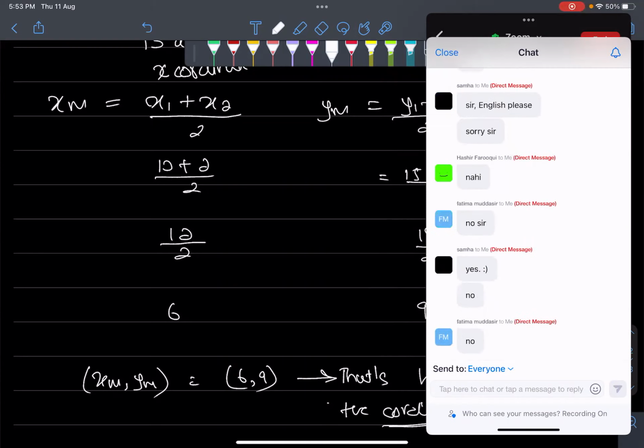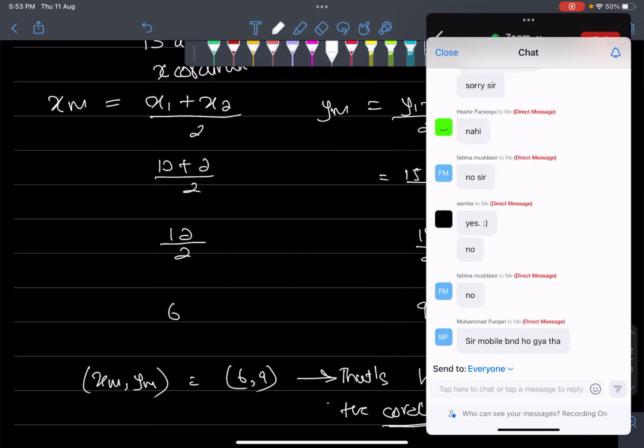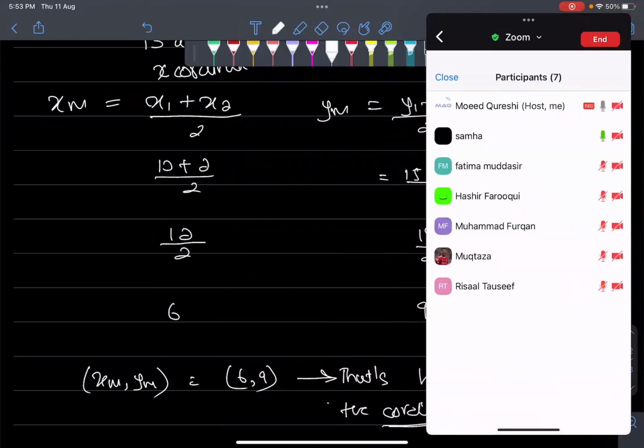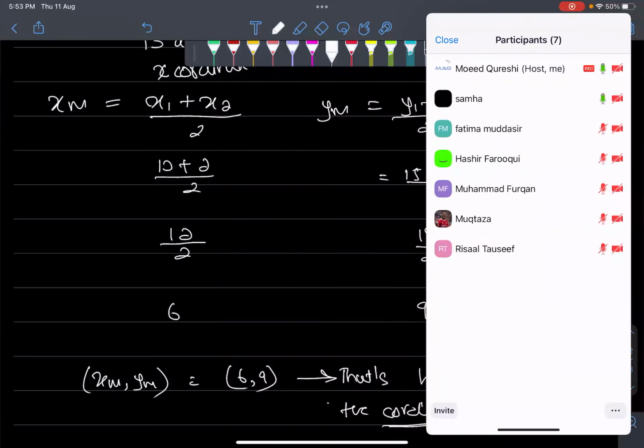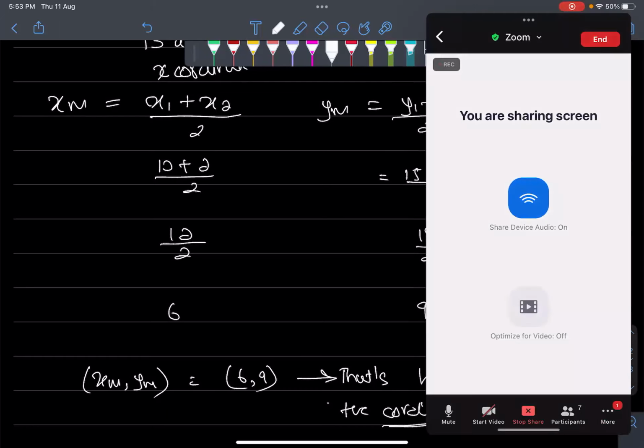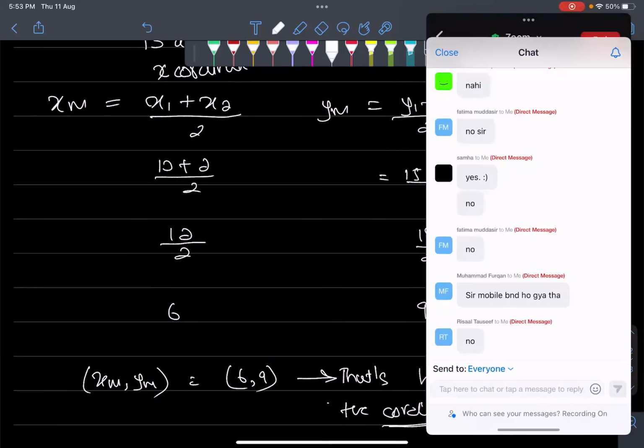Hurry up. Moeed, speak a little bit lightly. Somebody's audio is on. Sama, please turn off your audio. Turn off your mic. Fatma, Hashir, Furqan, Muqtada. Any questions? Furqan, you must have missed it, but it will get revised if you stay on. Don't leave now, okay? Any questions, please, beta? Ask me if there are any questions.